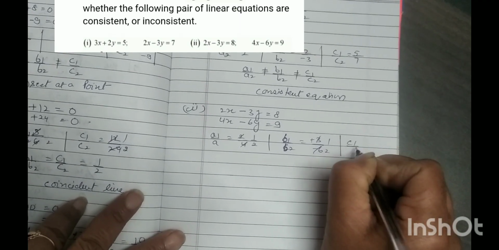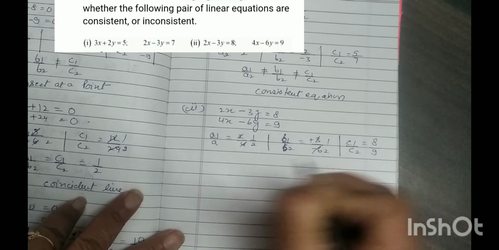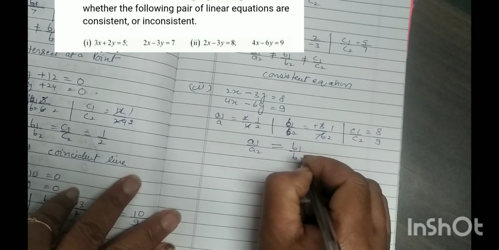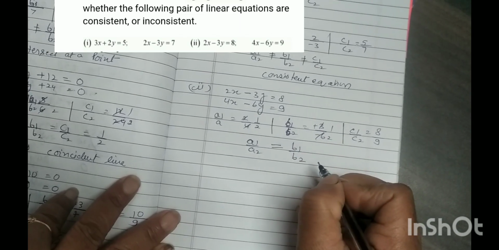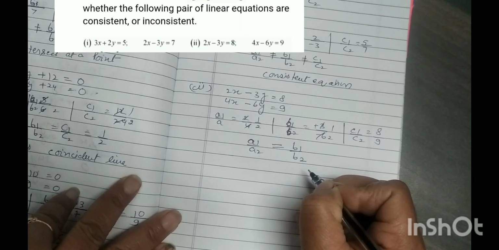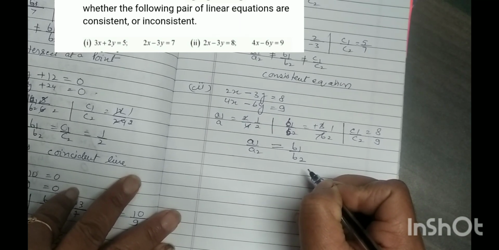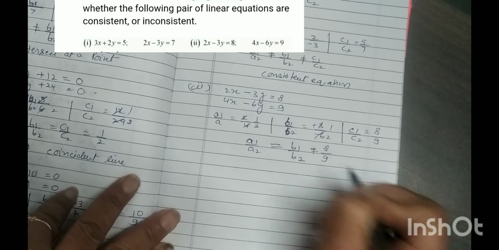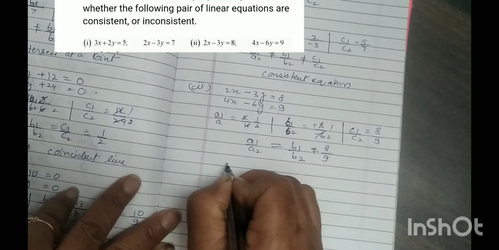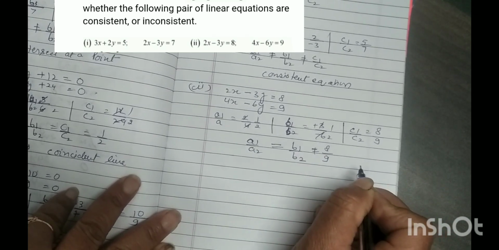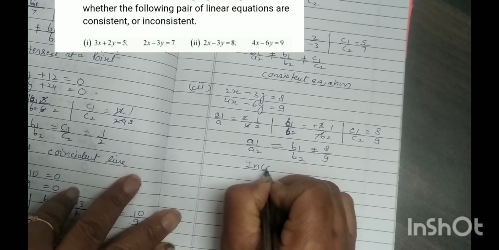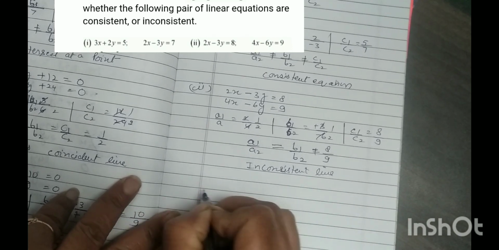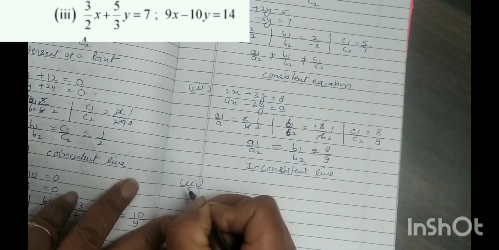And C1/C2 equals 8/9. Here A1/A2 is equal to B1/B2 but not equal to 8/9. So they have no solutions. So it is an inconsistent equation. Clear? Third question.